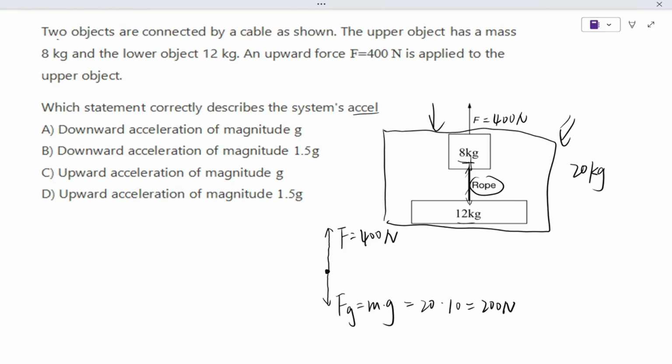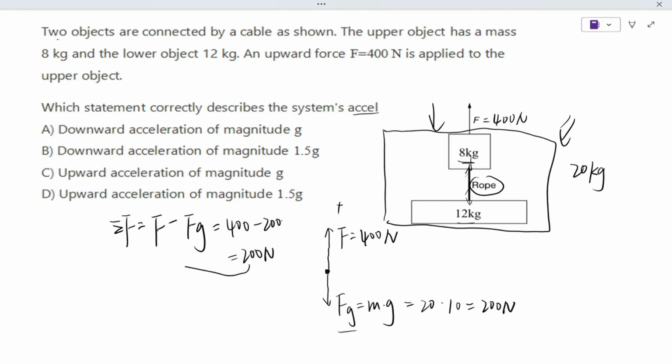So what is the net force? The net force is equal to F minus Fg, because Fg is in the opposite direction, which means it's like plus negative Fg, which we can just write as minus Fg over here. That is equal to 400 minus 200 newtons, which is 200 newtons.